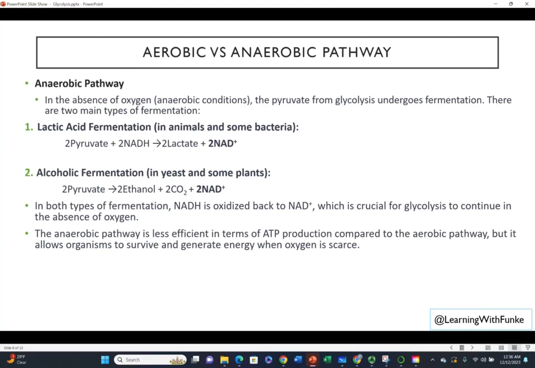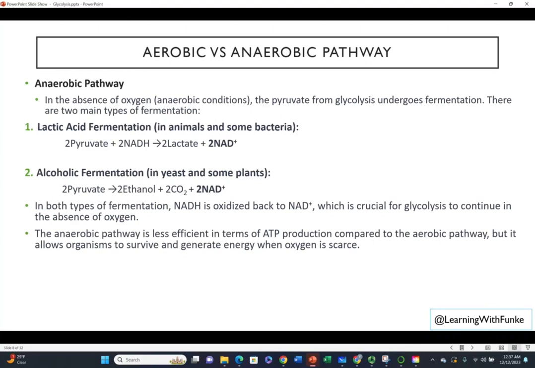And so without this regeneration, glycolysis would halt due to a lack of NAD plus to accept electrons, because these NAD plus molecules are electron acceptors. And so the NAD plus that is regenerated during fermentation is typically recycled back into glycolysis. And this recycling allows for continuous generation of small amounts of ATP through glycolysis, even when oxygen is absent.